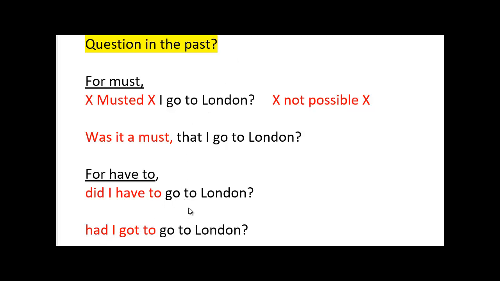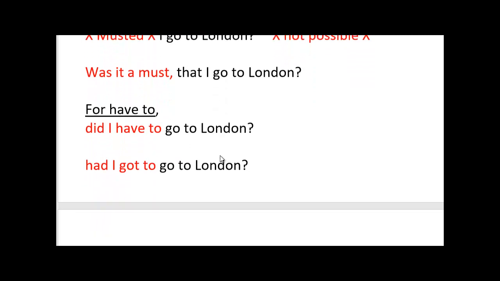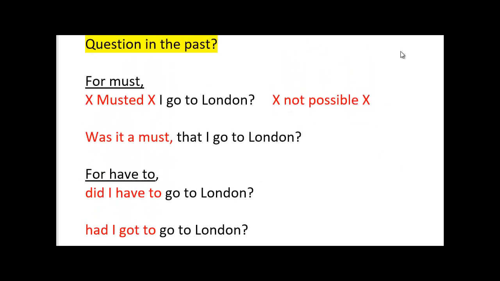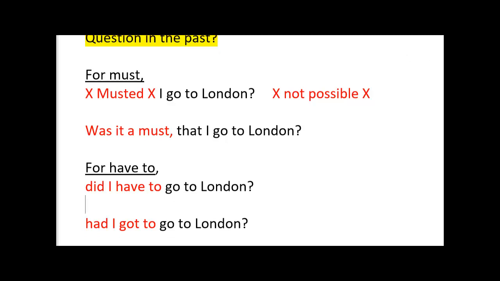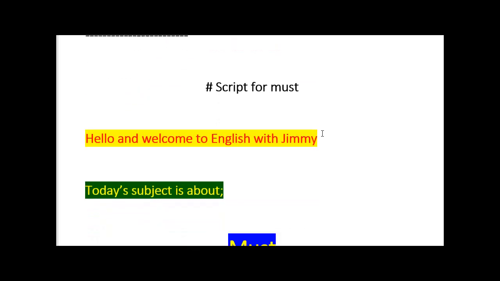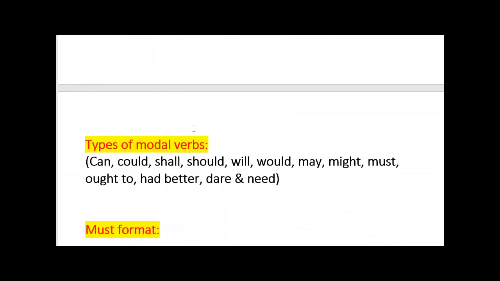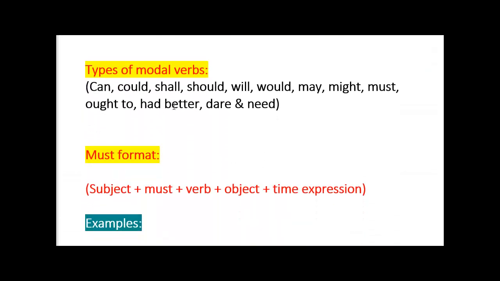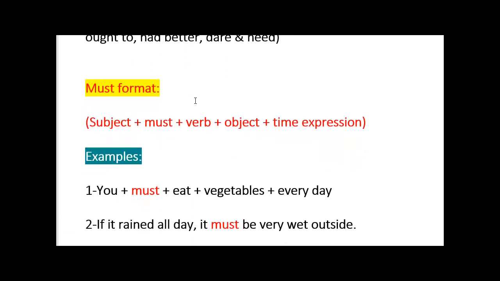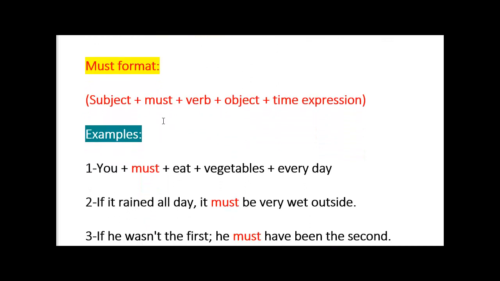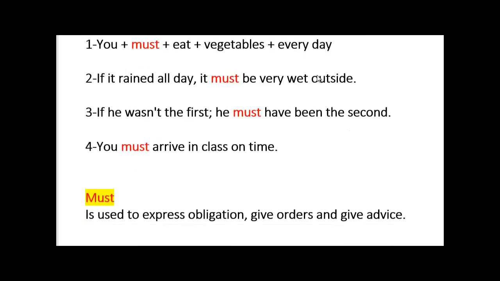Okay? That's it, really. I know it's a long video, but we covered most there is to know about must, starting from the beginning: that must is a modal verb and an auxiliary verb. It's part of the modal verbs will, shall and should, and the format for it is subject, must, verb, object and time expression.